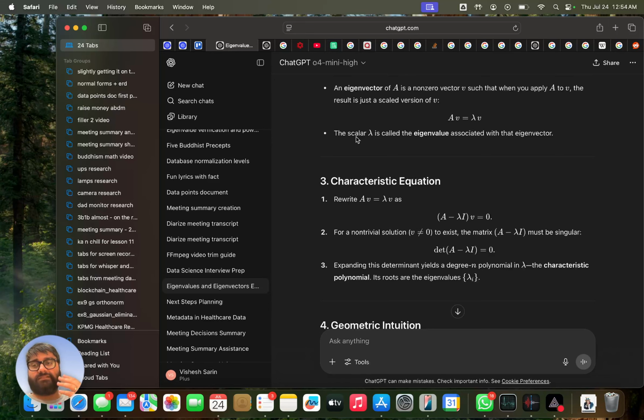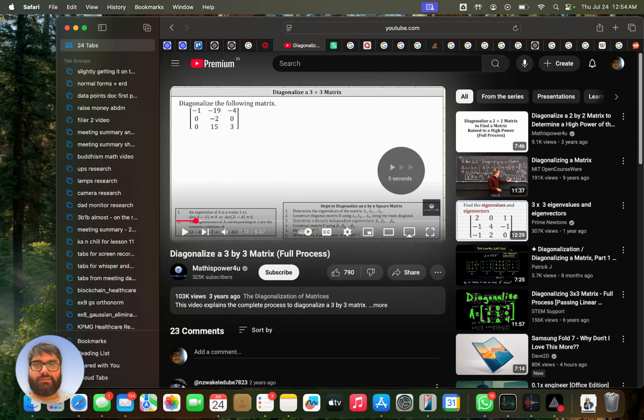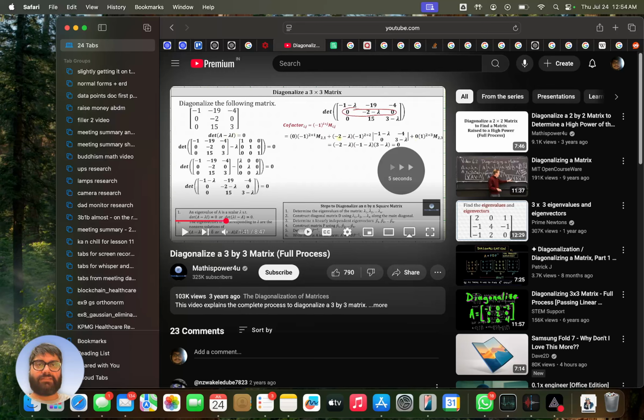The problem is that for an arbitrary size, it's very computationally expensive. You essentially just solve for the determinant equaling 0, right? You get this funky little determinant, and you know how to do the determinant of a matrix, right?